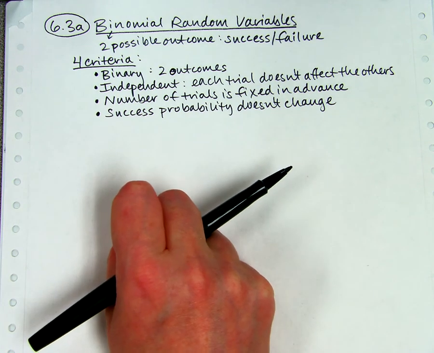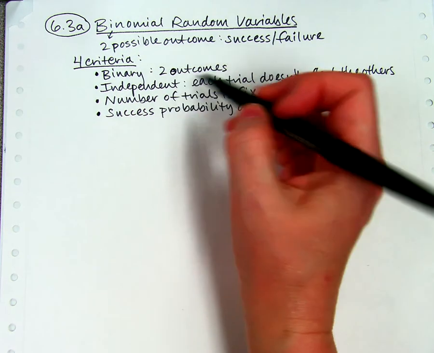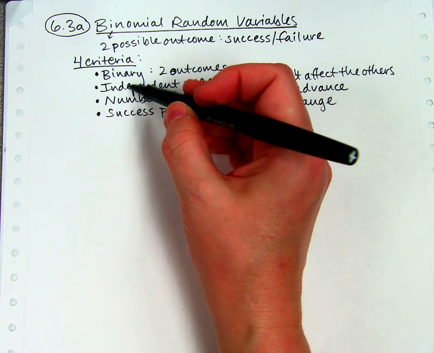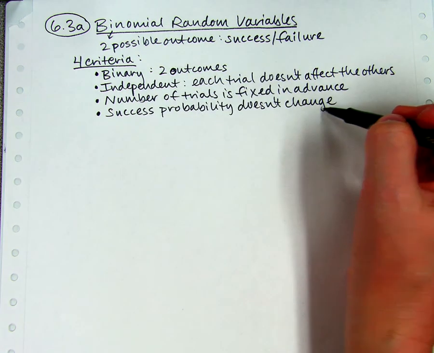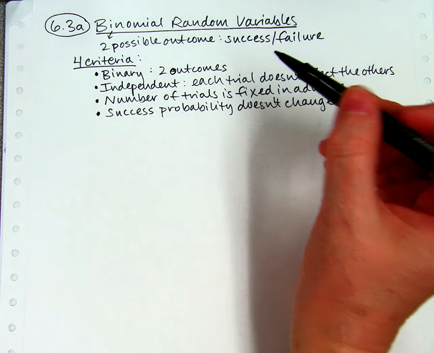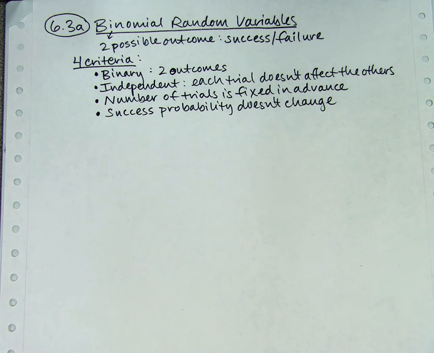And then the other thing is, I just mentioned this, I used to think that maybe we didn't need the independent and the success probability doesn't change, because the reason that doesn't change is because it's independent. But then somebody gave me an example of one where it could be independent and the probability does change. So the example that I'm thinking of is if you have a multiple choice quiz, and you're talking about the probability of getting 3 answers right out of 10 or something like that.